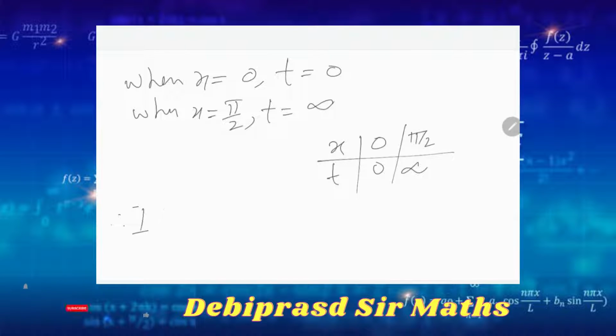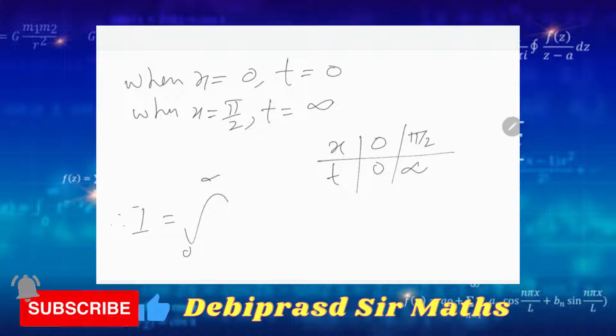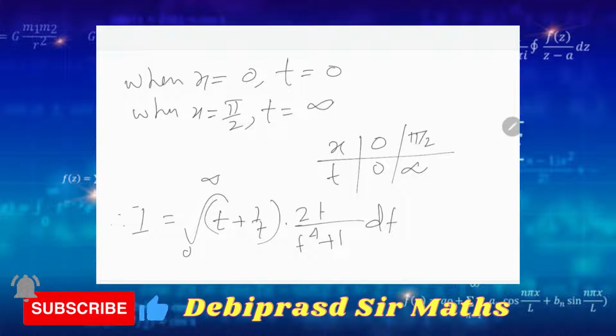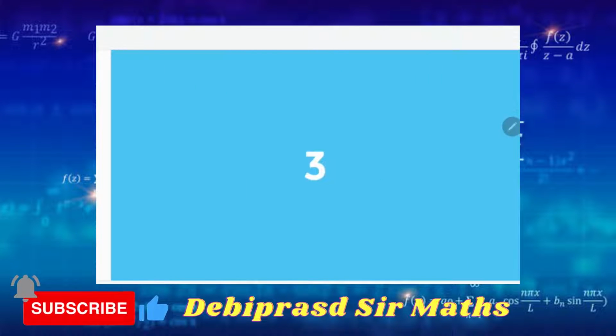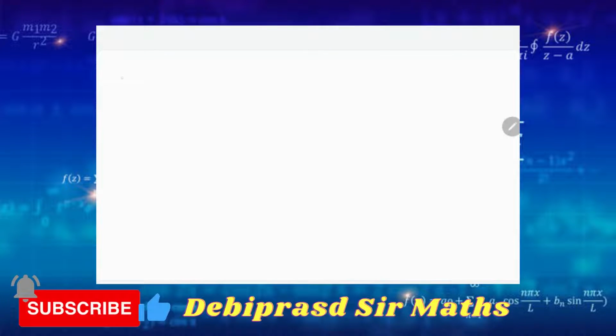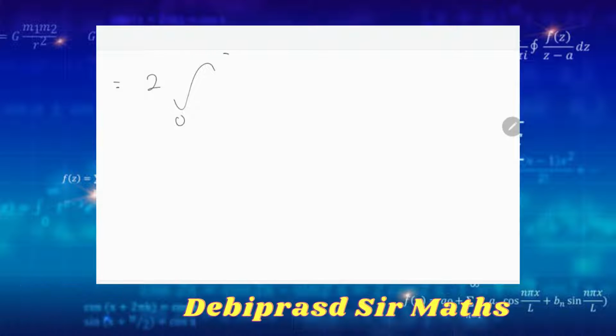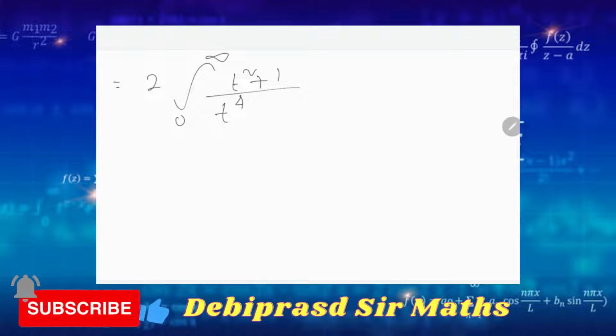So the sum changes to the integral from 0 to infinity of 1 by (t plus 1 by t) into 2t by (t to the power 4 plus 1) dt. After that, I will take the LCM and simplify. The denominator t will be cancelled after simplification. So you will get 2 times the integral from 0 to infinity of (t square plus 1) by (t to the power 4 plus 1) dt.